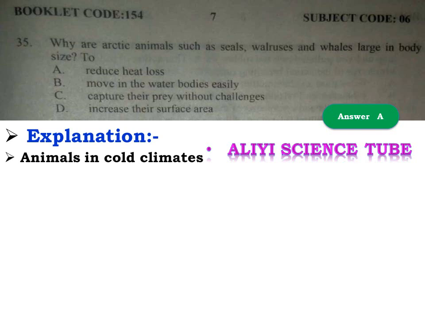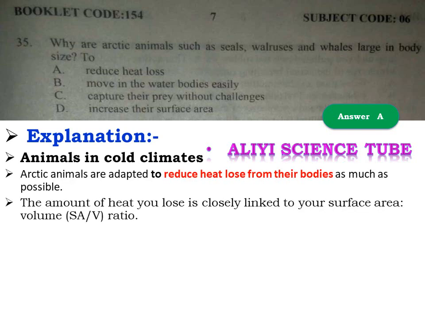Let us see the explanation. Animals that live in cold climates and aquatic animals are adapted to reduce heat loss from their body as much as possible. The amount of heat lost is closely linked to surface area, which means large in the body.